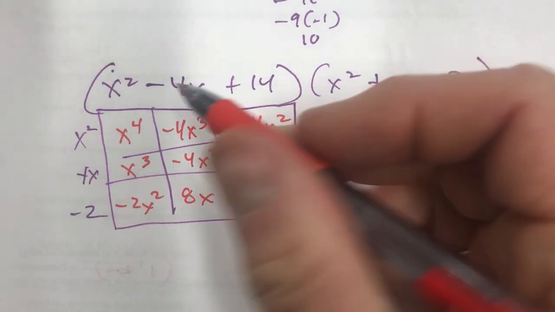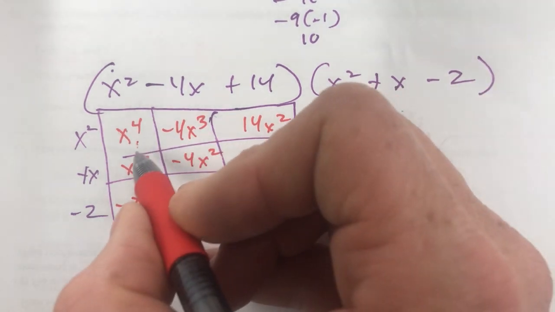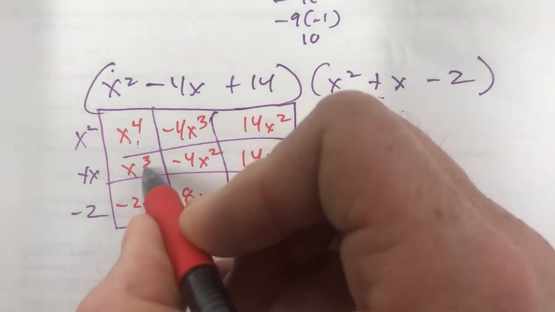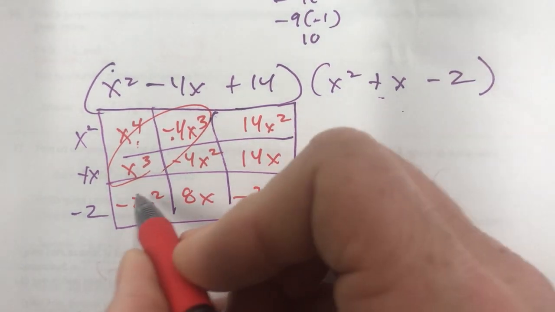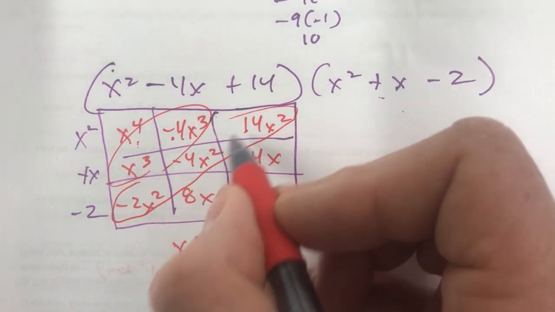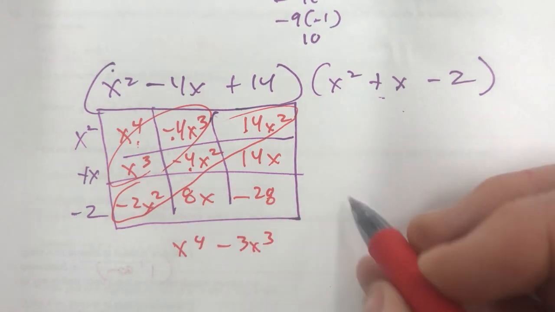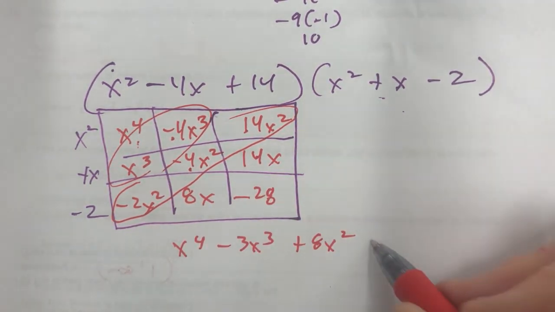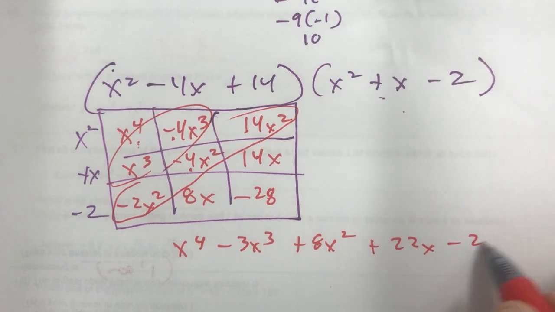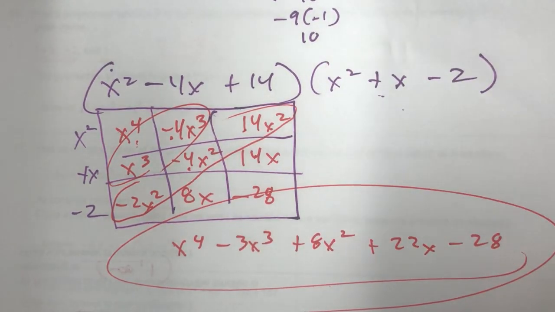So final thing here, that's x to the fourth. It looks like negative 4 plus 1 would be negative 3, x to the third. All three of these go together, so 14 plus negative 4 would be 10, would be 8, x squared. 14 plus 8 would be 22x, and then minus 28. That should be my answer right there.